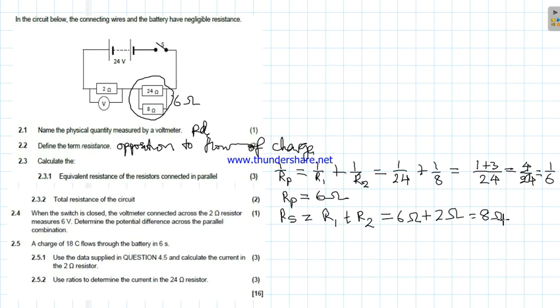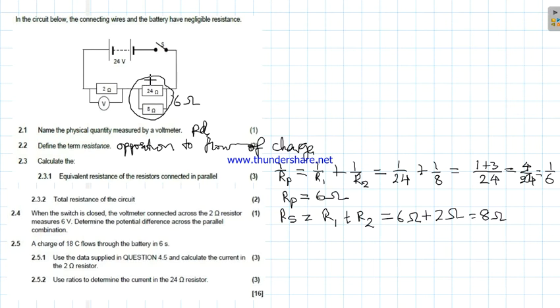Then it says when the switch is closed, the voltmeter connected across the 2 ohm resistor measured 6 volts. Determine the potential difference across the parallel combination. Right, remember when we said this 2 ohm resistor is connected in series to the parallel resistors.